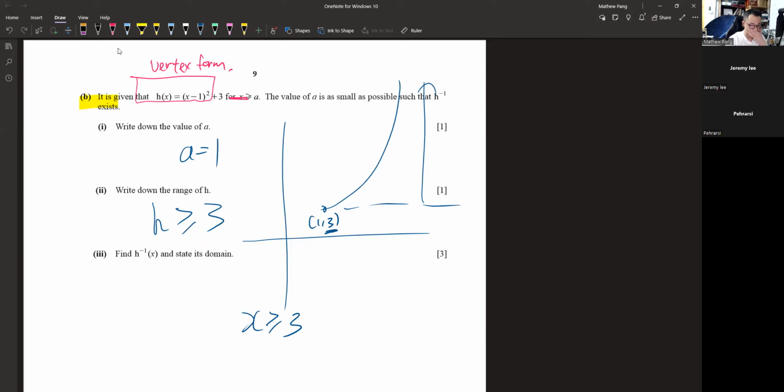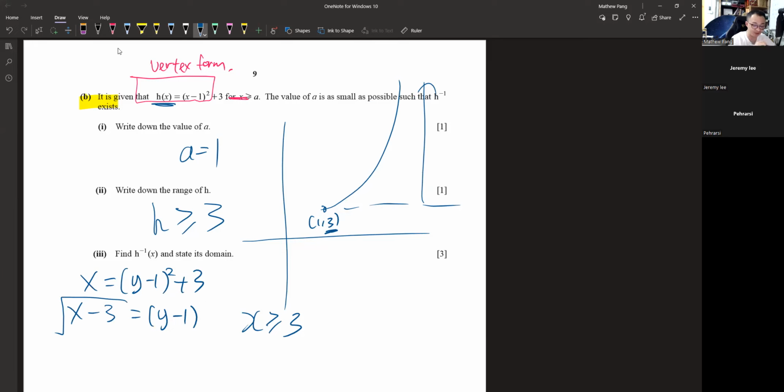Now I do the inverse function. Make h(x) into the x, and then this side make x into the y. Make y the subject. x minus 3 equals (y minus 1) squared. Here if I move the square to the other side, I will get a square root, but I will not get plus minus.